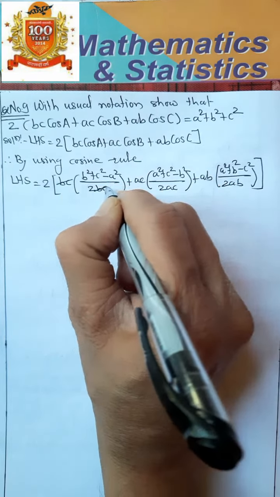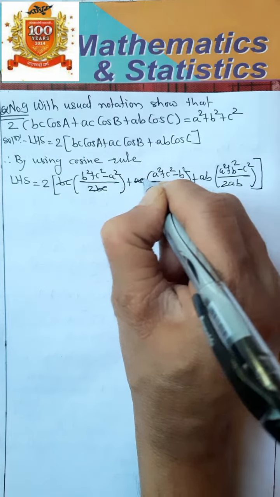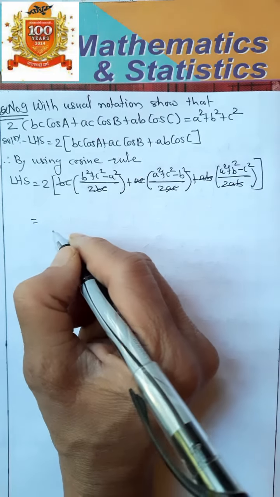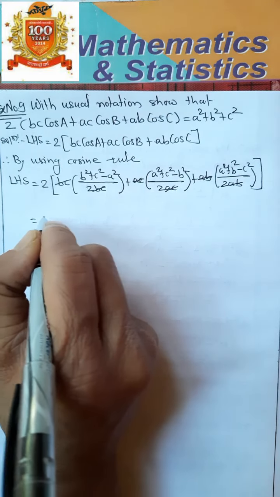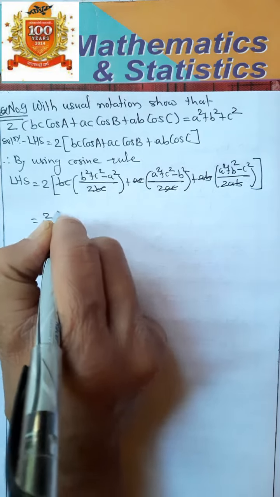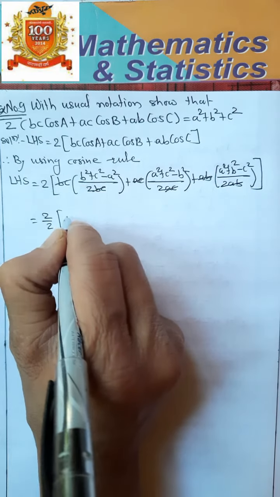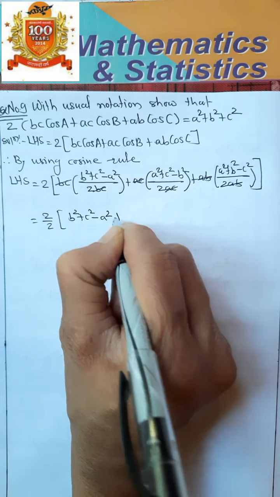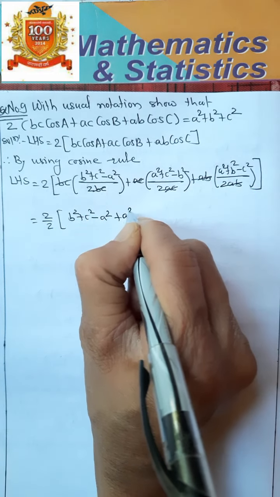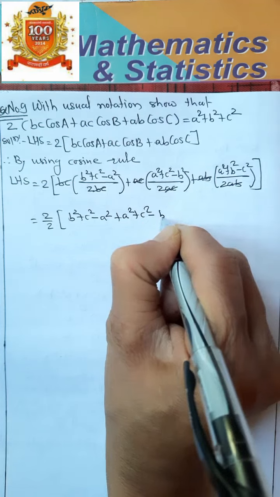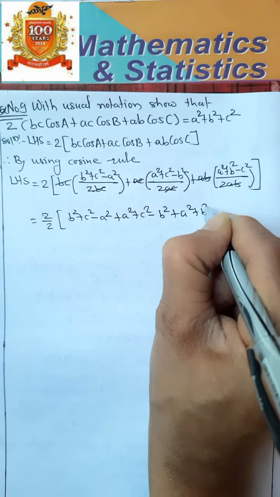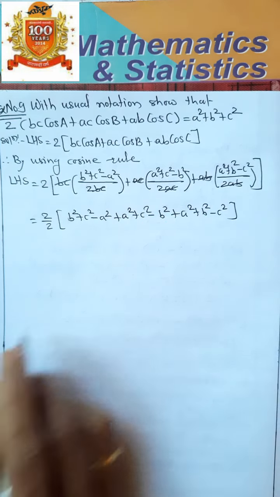Now BC gets cancelled, AC gets cancelled, AB gets cancelled. We have, and take out 2 as common. 2 upon 2 in bracket remaining B square plus C square minus A square plus A square plus C square minus B square plus A square plus B square minus C square.